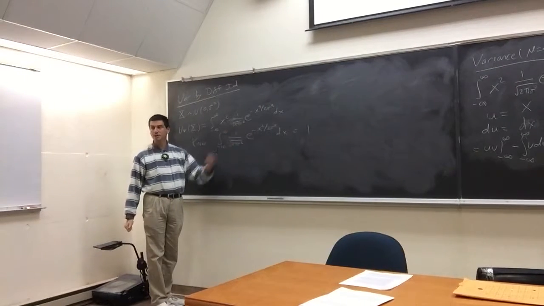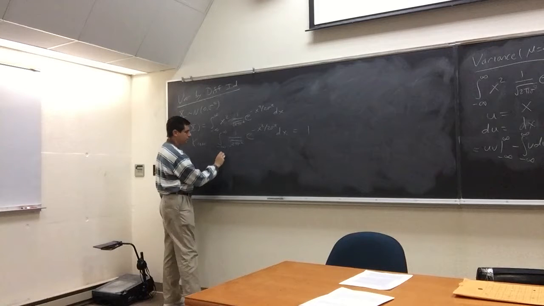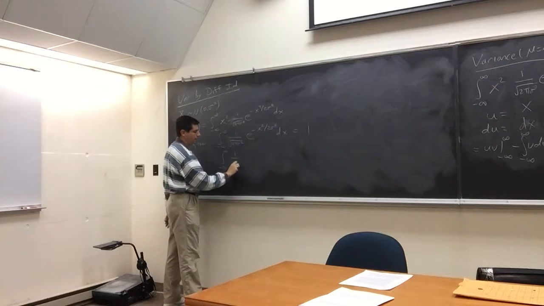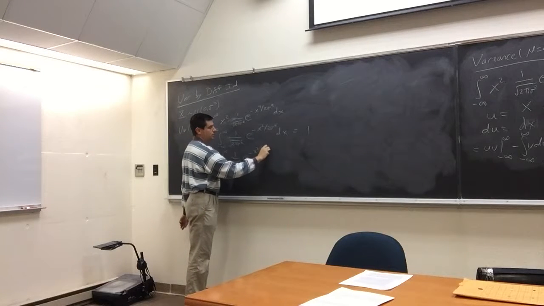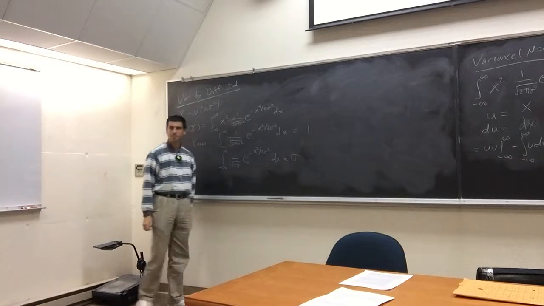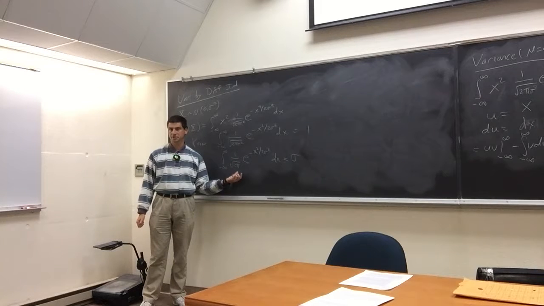Or if we multiply through by sigma, we would get the integral from minus infinity to infinity of 1 over square root of 2 pi e to the negative x squared over 2 sigma squared dx equals sigma. And now this is set up to use differentiating identities.